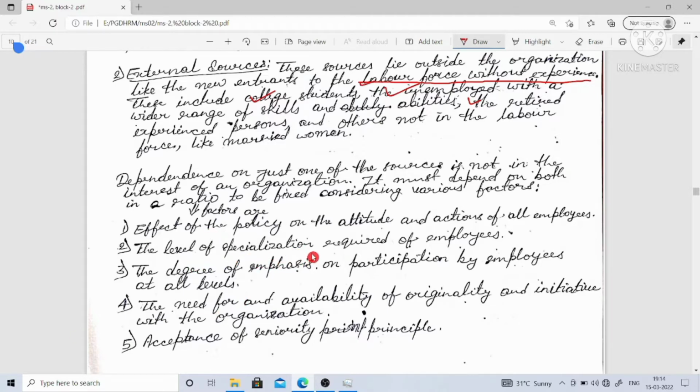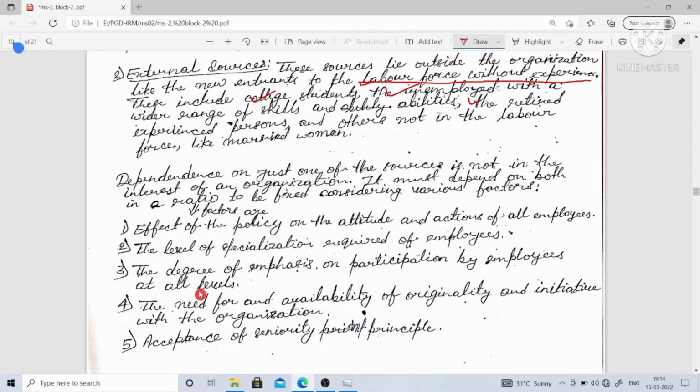And the second, it was level of specialization required. If specialized skills and knowledge are required, then the organization should find out whether that much specialized skills and knowledge are present in the organization itself or whether it should hire from outside.